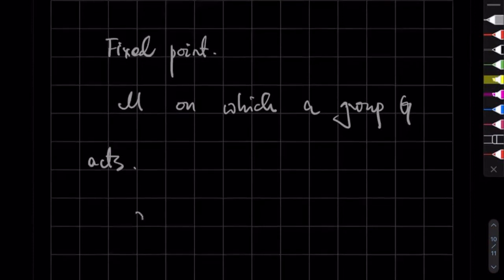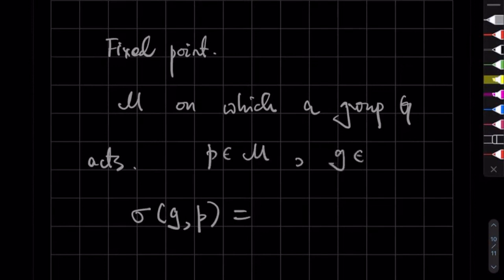Now, this is the action, and G is a group element acting on some point P on the manifold. So P is some point on the manifold, and G is some group.